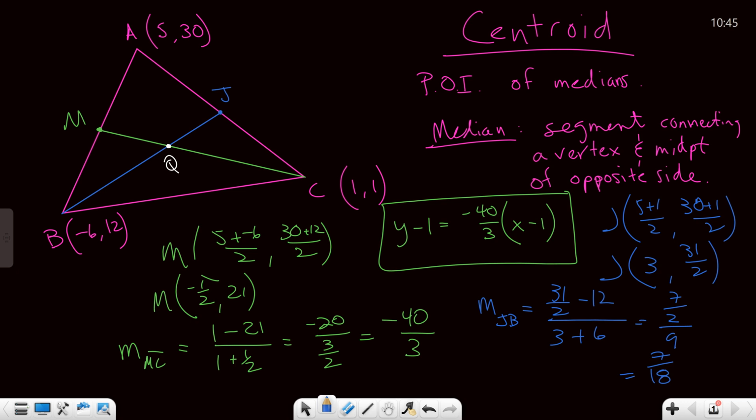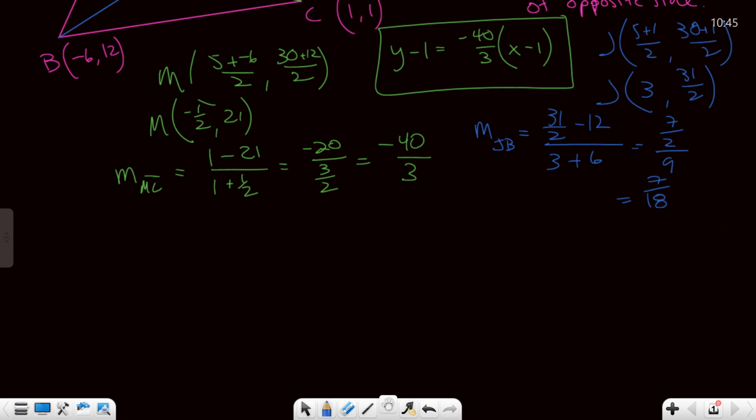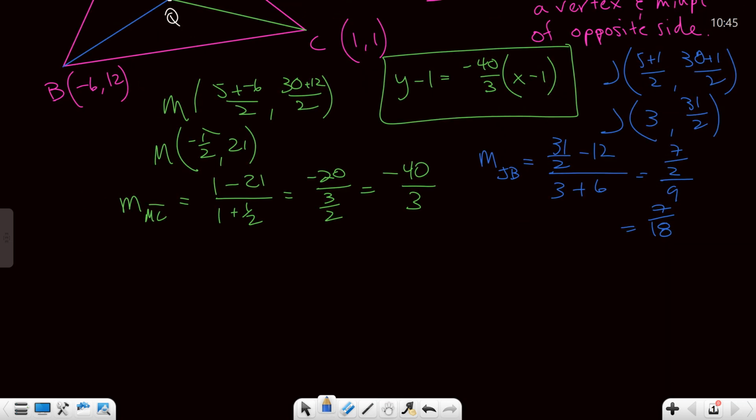How'd I do? I'm good? Excellent. I need a little bit more working room, so we'll cheat up here. Move this up. I'll use B. Y minus 12 equals 7/18 times x plus 6. Woohoo!